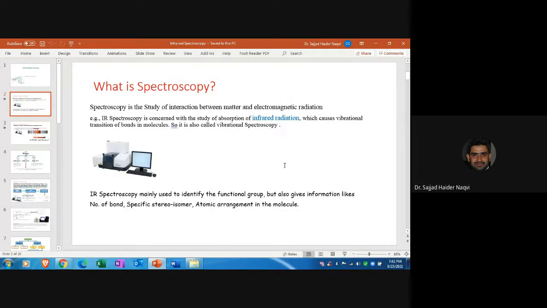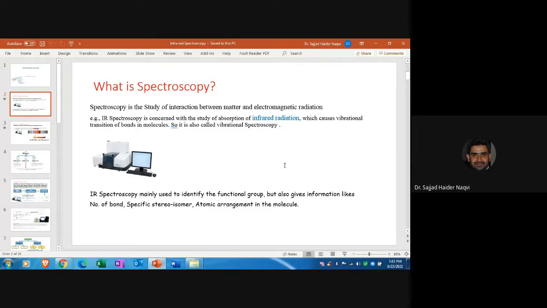So we can say that IR spectroscopy is a more specific type of spectroscopy, where we are not only interested in the concentration of the molecule, which we used to do in 411 and 412, where we had visible spectroscopy and the primary objective was the measurement of the concentration of a particular compound.